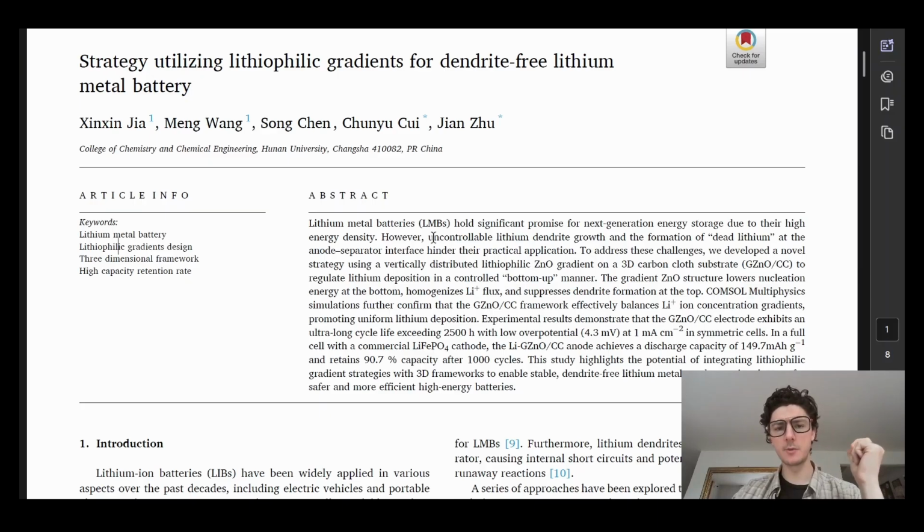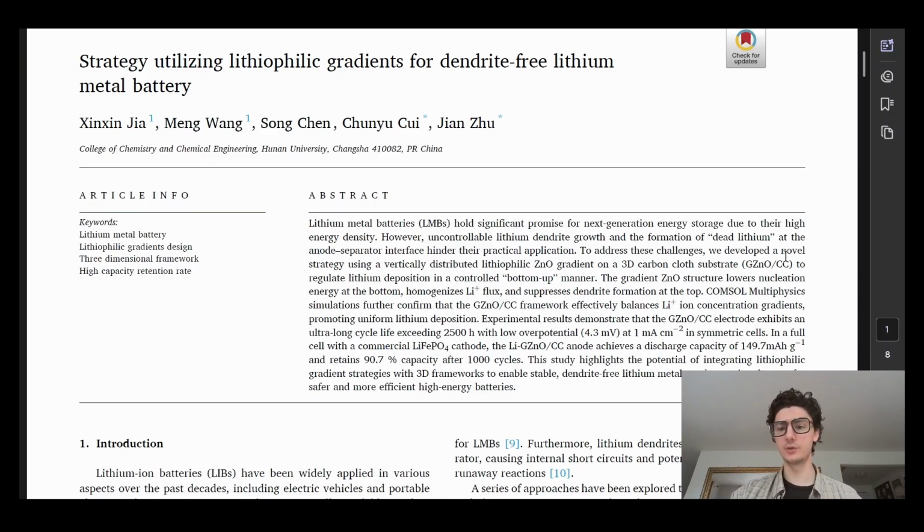Abstract. Lithium metal batteries, LMBs, hold significant promise for next generation energy storage due to their high energy density. However, uncontrollable lithium dendrite growth and the formation of dead lithium at the anode-separator interface hinder their practical application.